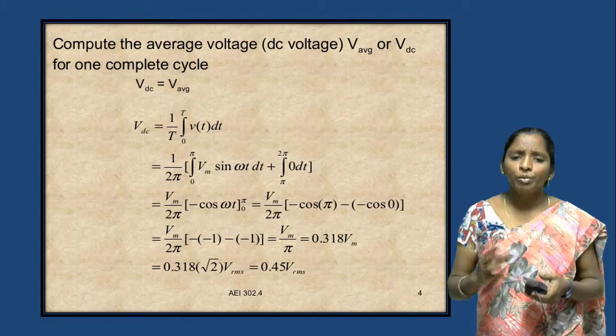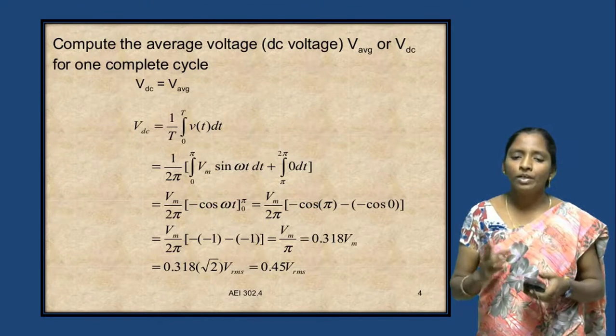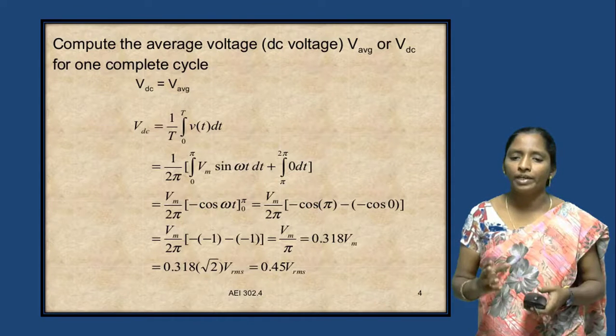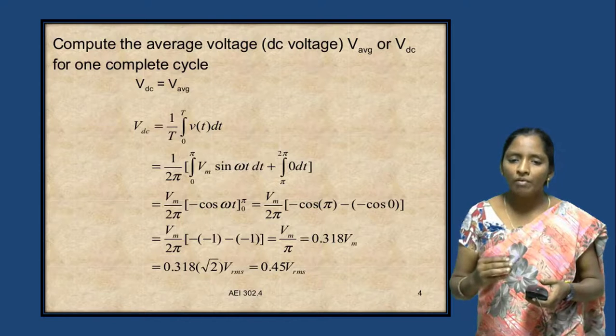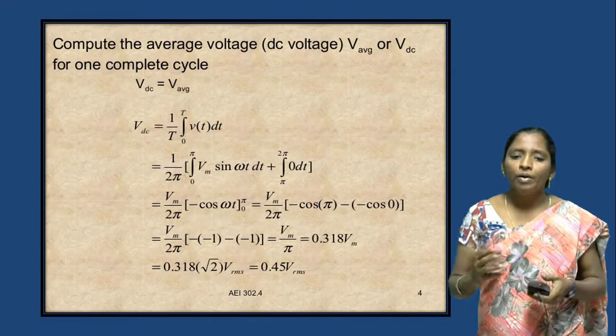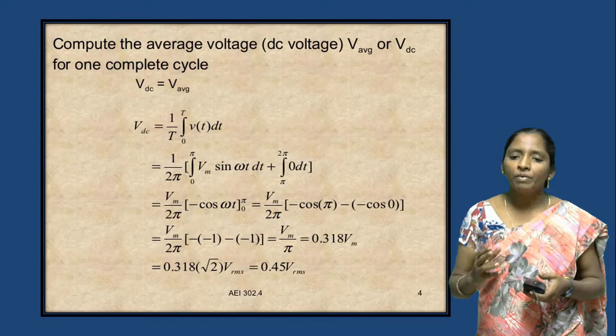So we get Vm by 2 pi into 2. The 2 and 2 get cancelled, and we get VDC equal to Vm by pi. If you substitute the value of pi, you get VDC equal to 0.318 Vm.